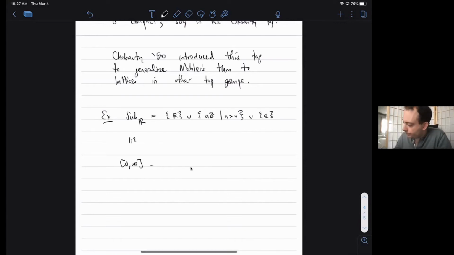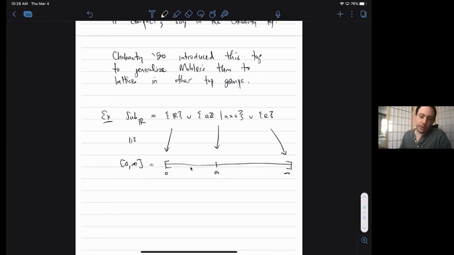Then I can draw a picture of [0, infinity] like this, and you can map Sub R to this interval by sending R to 0, sending aZ to a, and the identity to infinity.